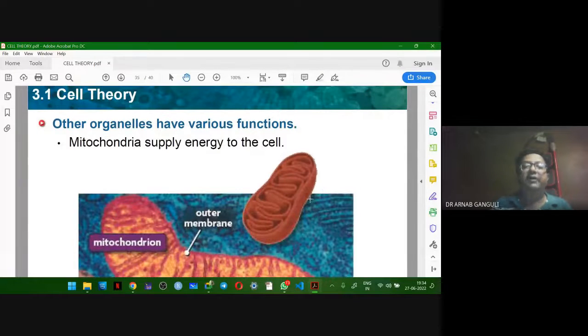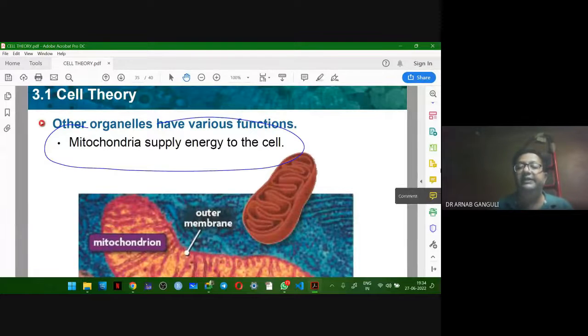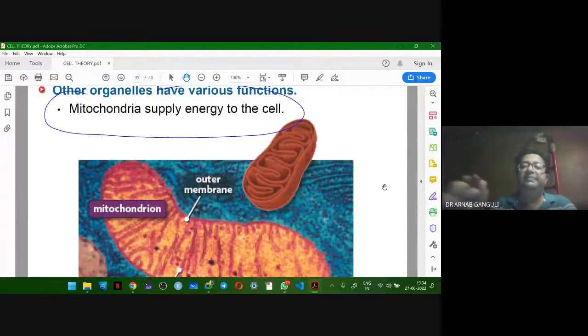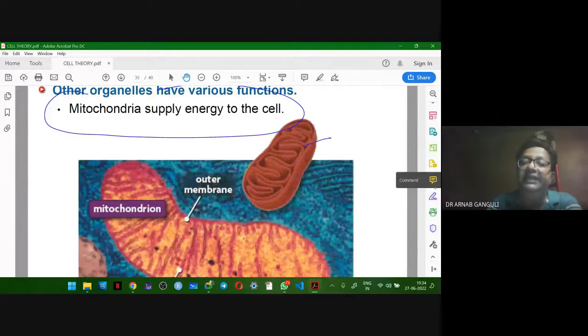You have all heard about mitochondria. They look like this. They are essential in making ATP. What are the processes which make ATP?